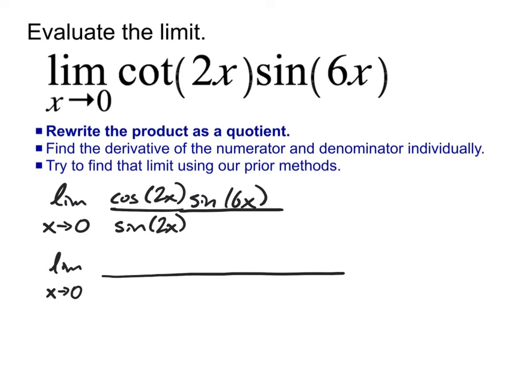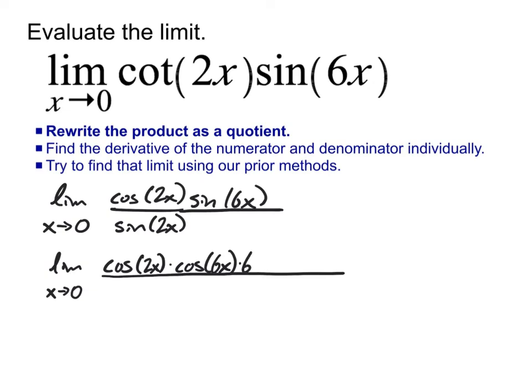Remember, product rule: original times derivative plus derivative times original. So for this one, original times derivative, that's going to be cosine of 2x times the derivative of sine of 6x. The derivative of sine is cosine, so that's cosine of 6x. But because it is not cosine of x, it is cosine of 6x, we also need to use chain rule, so I multiply that by 6.